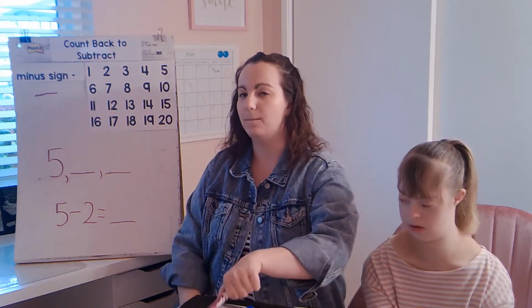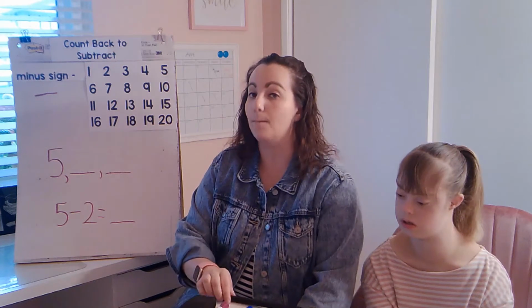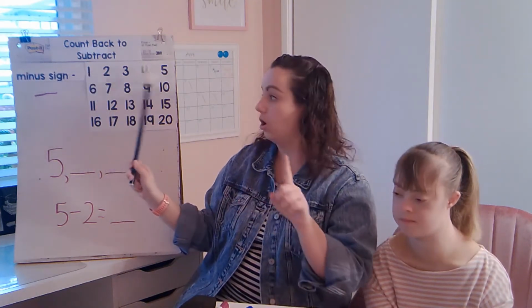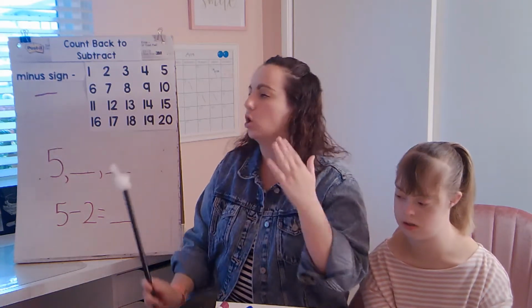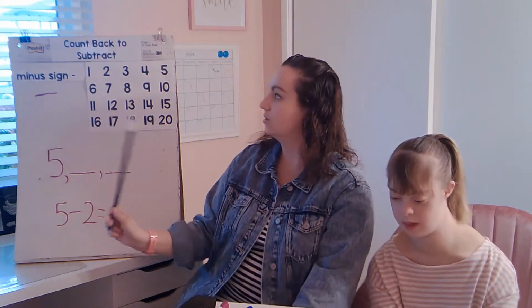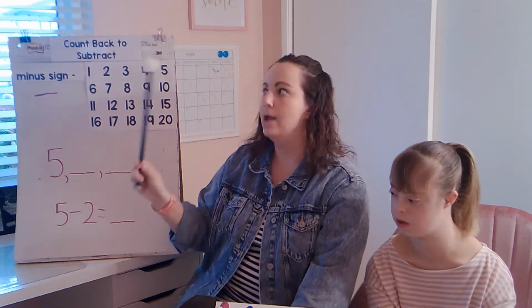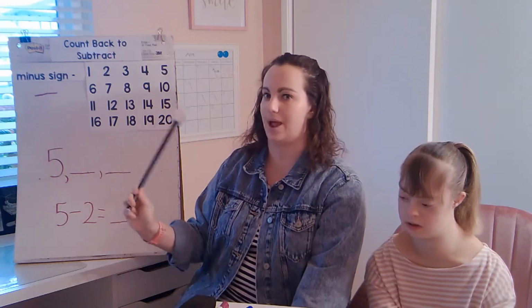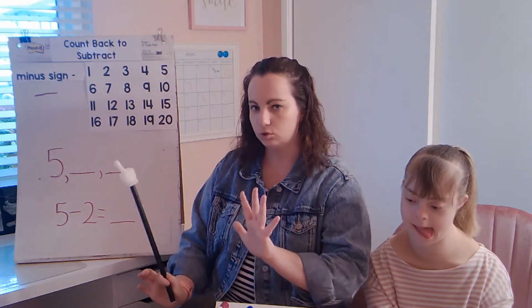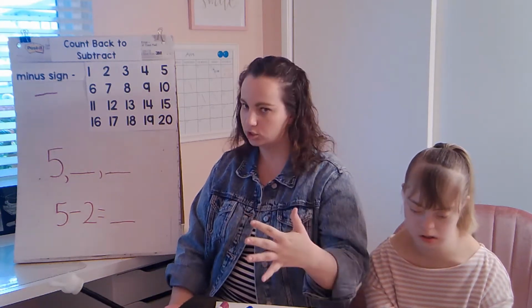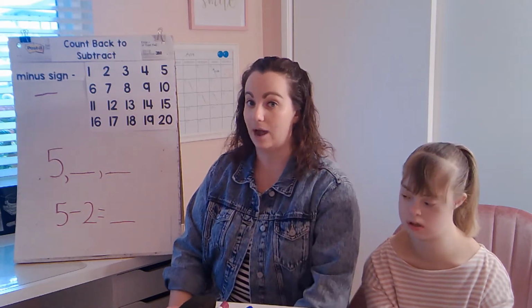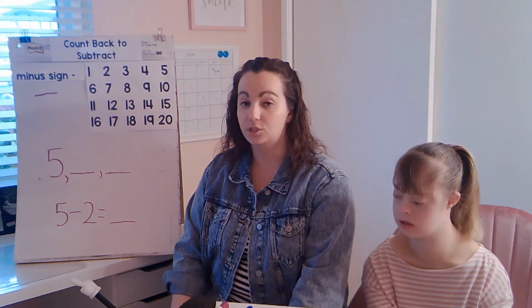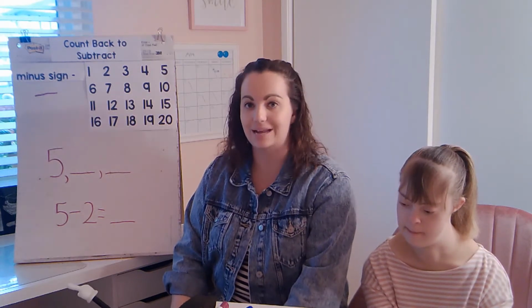To help us be a little more ready to count back to subtract, we're going to count from 1 all the way to 20. I know we can count farther than that, but these are numbers we're focusing on today. And then we're going to practice counting back. But don't get too nervous about that quite yet. Let's just start with something I know we're really good at, counting from 1 all the way to 20. Make sure you're doing your best to follow along and count along at home.